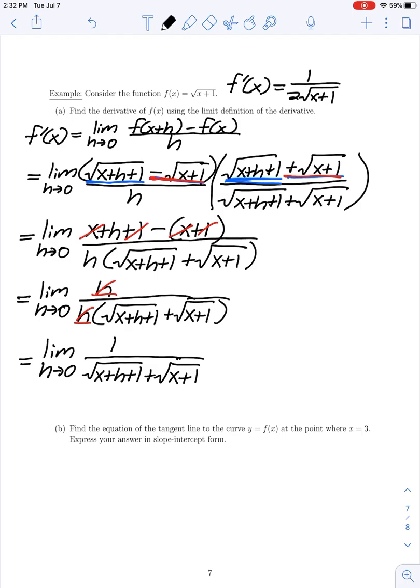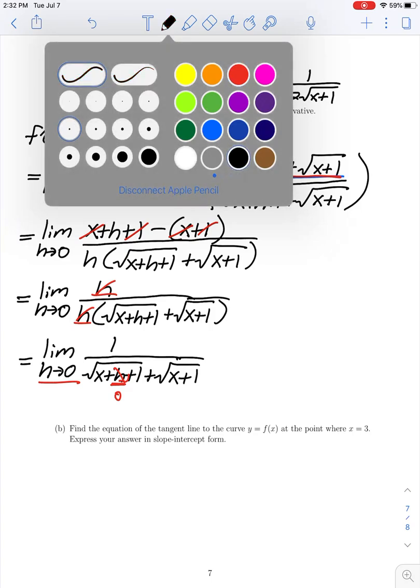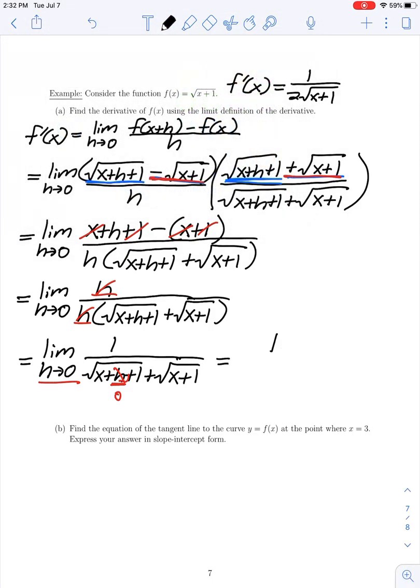So in our last step, we're ready to take the limit as h approaches 0. And the only place that h appears is in this single term in our denominator. So if h is approaching 0, that term cancels, and we are left with a numerator of 1 divided by the square root of x plus 1 plus the square root of x plus 1, which is the same as 1 over 2 times the square root of x plus 1.